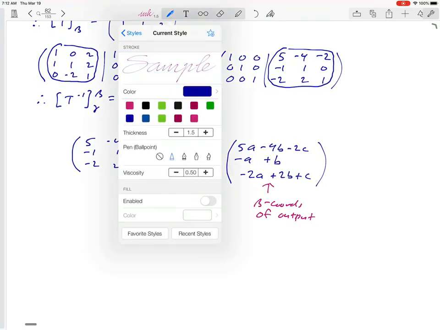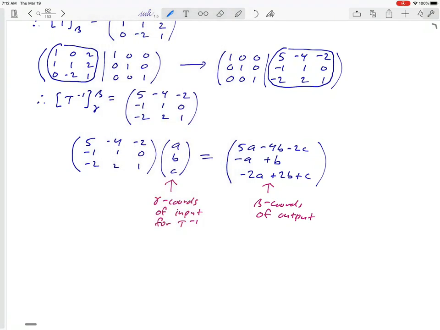We have to remind ourselves which basis is which here. Gamma was the basis for V, the set of symmetric matrices. So when we see A, B, and C, we have to think of those as being numbers that go in front of our basis for V one at a time.